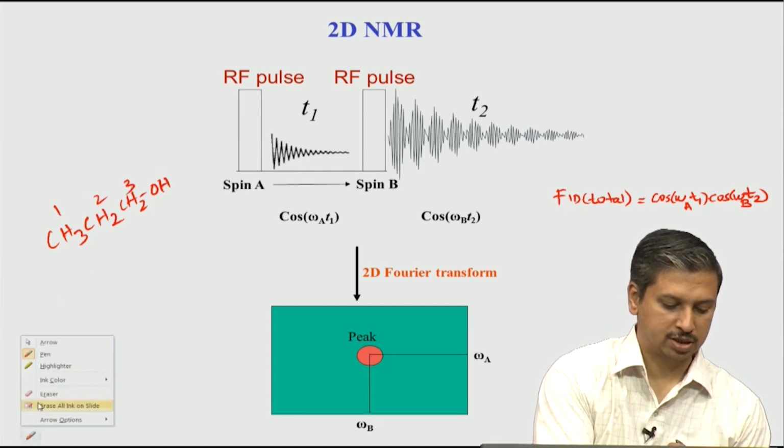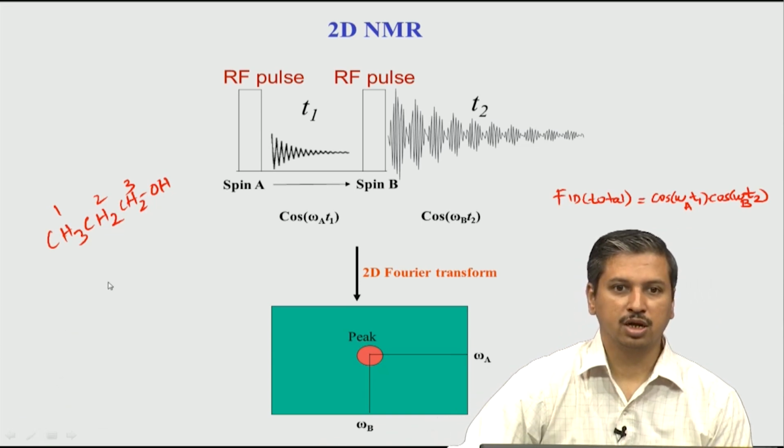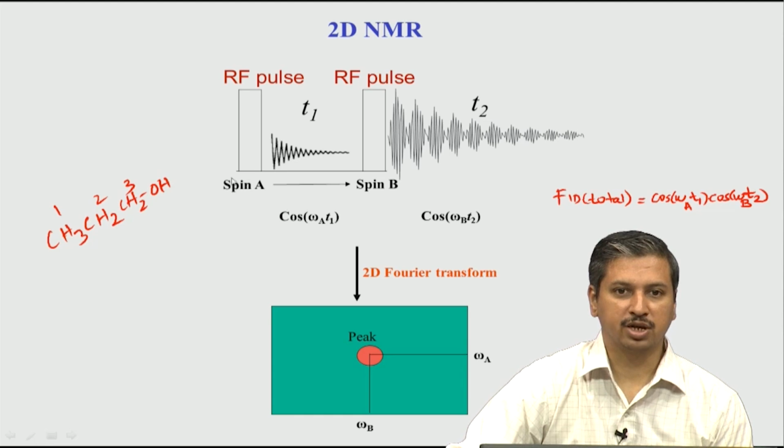So, what happens is, when you excite this proton, let us say this spin A is proton number 2, after exciting this proton, during the evolution of its FID, it starts transferring its magnetization not only this side, but it is also coupled to this side. Okay. So, you see this is the concept of passive coupling.